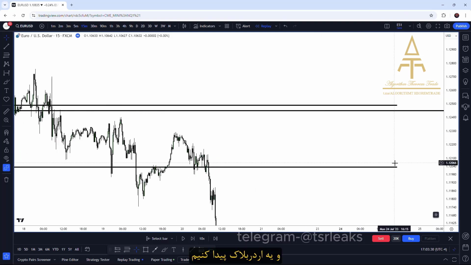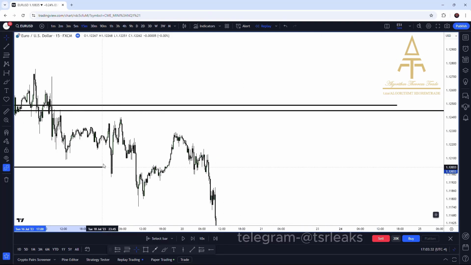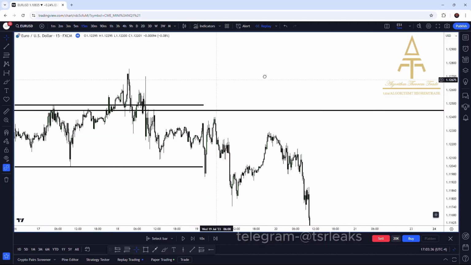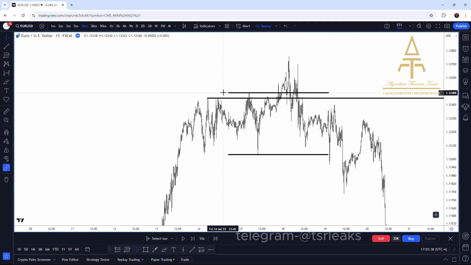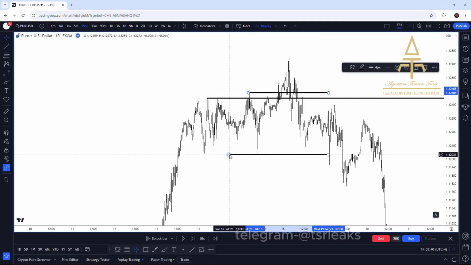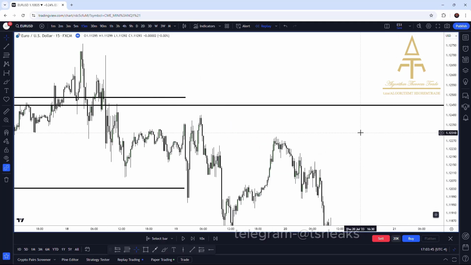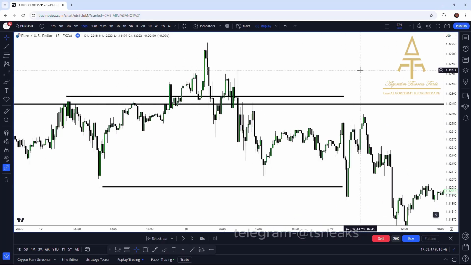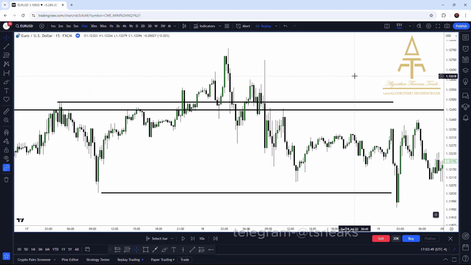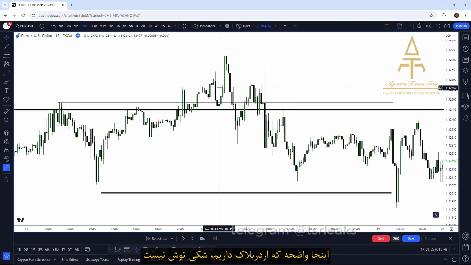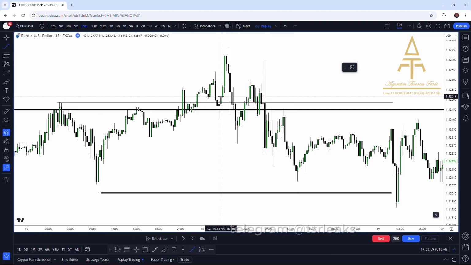And try to find an order block. So we have a thick up close candle tapping into liquidity. This is clearly the order block, no doubt about it.